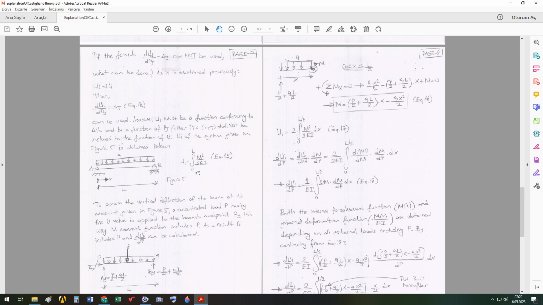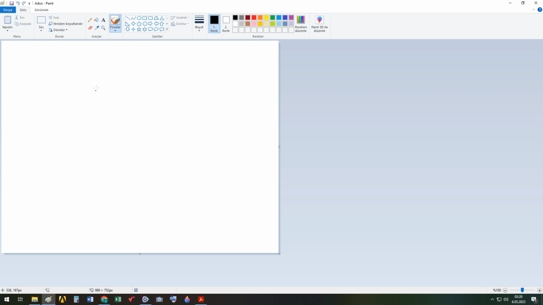As I remember, the extension of this formula was something like that.